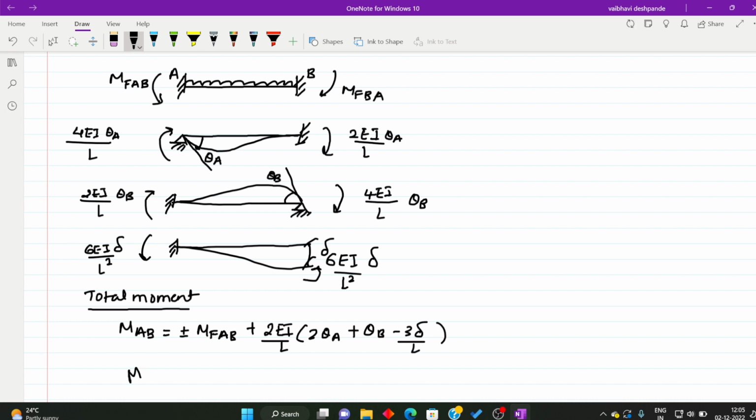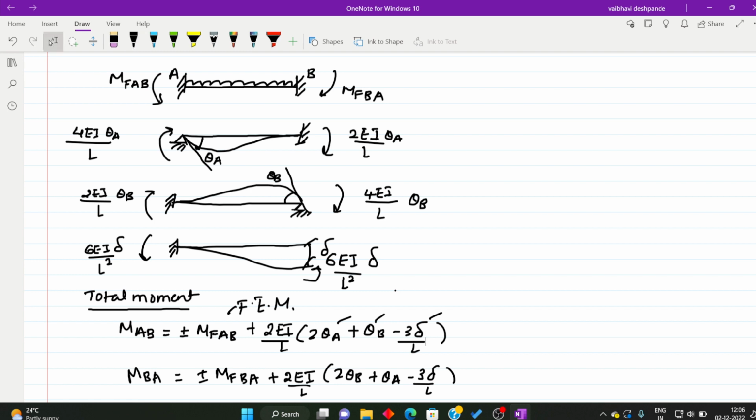You will get the same equation. MBA equal to plus or minus MFBA plus 2EI by L (2 theta B plus theta A minus 3 delta by L). Okay, MFAB, MFBA are nothing but fixed end moments. Theta A, theta B are the rotation values or slope values. Delta is the amount of settlement. L is the span considered.